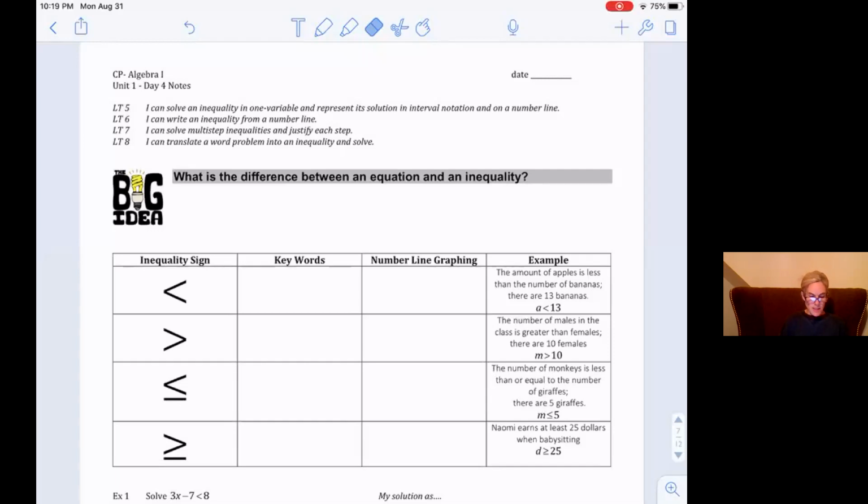To start with, it says here, what is the difference between an equation and an inequality? Well, first off, an equation normally has one solution.